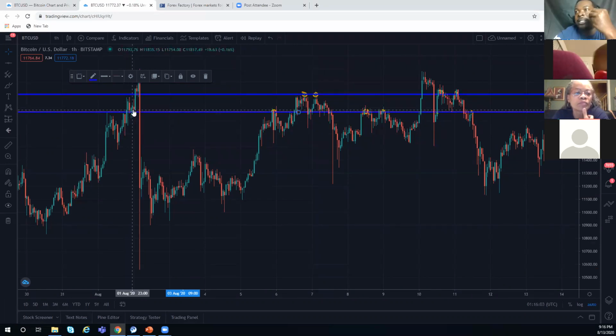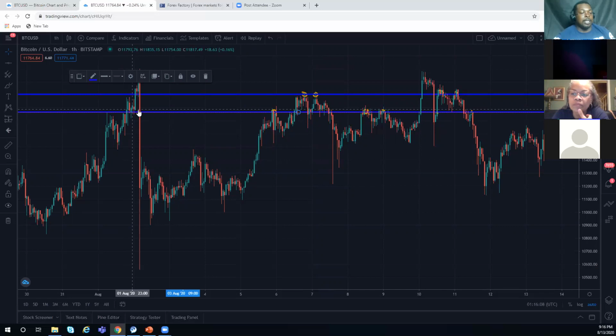So that just makes it strong levels. The more you see it touch these levels of support and resistance, is to let you know how strong these levels are and how much respect the market has for these prices. Okay, and that's important to understand, because if market respects it, then I know this is where I can enter or this is where I can exit, depending on when I actually enter the trade, if that makes sense.